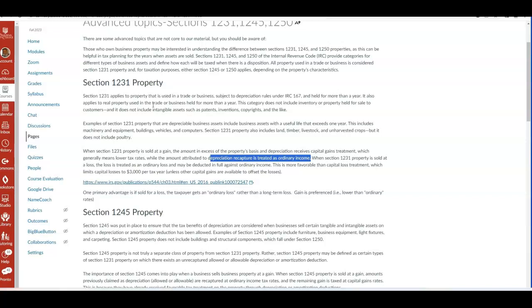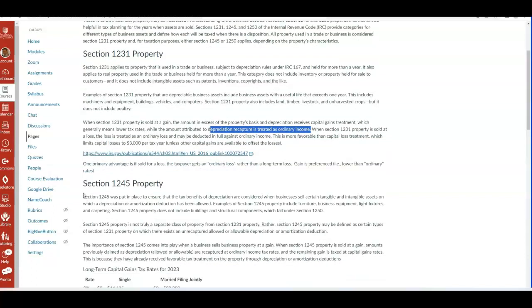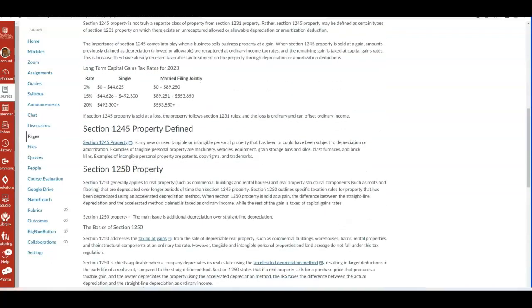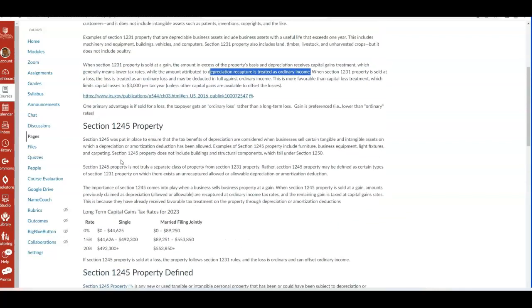Okay, now that we know what 1231 property is, 1231 property at the time of taxation might be a 1245 property or might be a 1250 property. It might be one of those. So let's see which one it might be. Section 1245 was put in place to ensure the tax benefits of depreciation are considered when businesses sell certain tangible and intangible assets on which a depreciation or amortization deduction has been allowed.